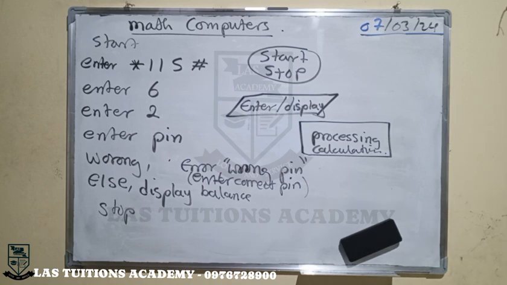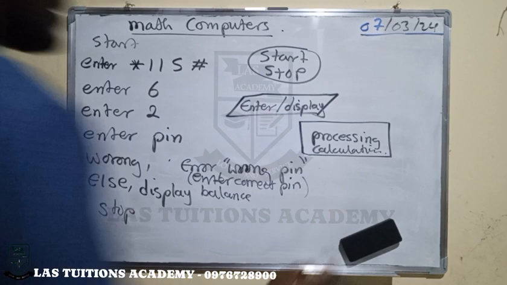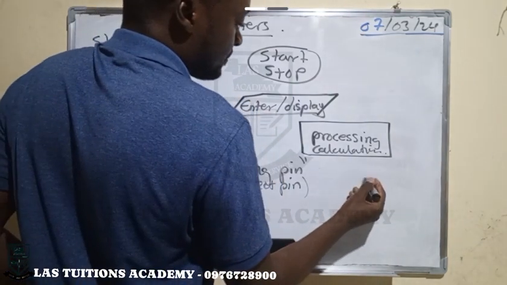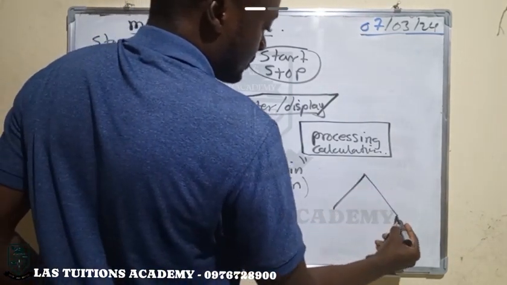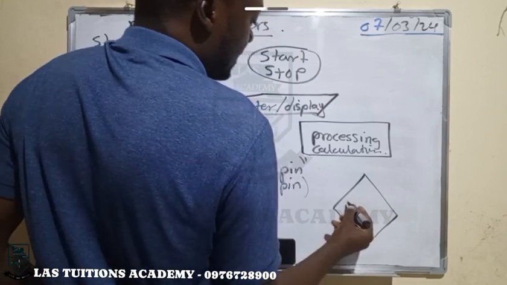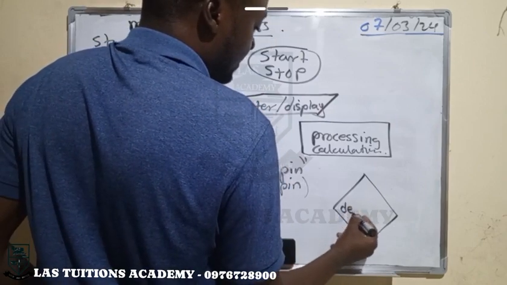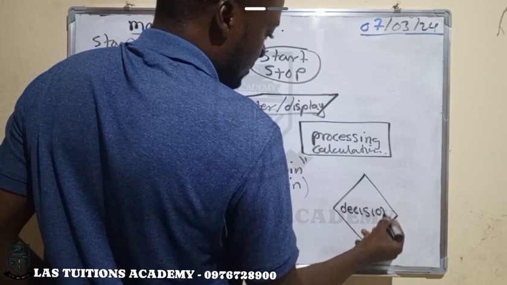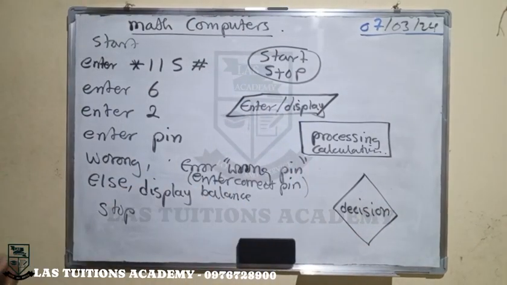And then we have this shape also. This shape is used for decision. The diamond shape is used for decision.